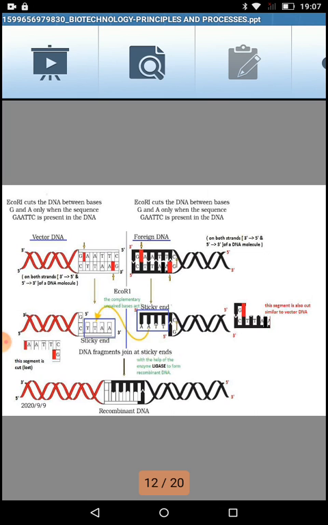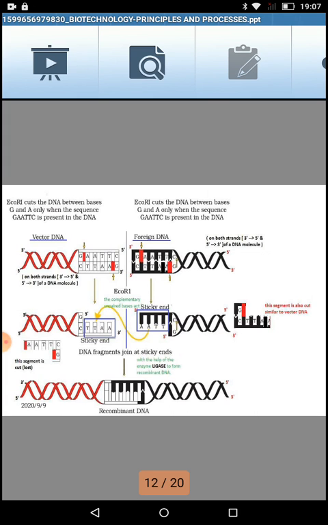Now in this case, whenever a restriction enzyme has to cut the DNA, the first thing the restriction enzyme has to do is to go through the whole of the genetic material, to go through the whole of the DNA sequence and find out the recognition site.